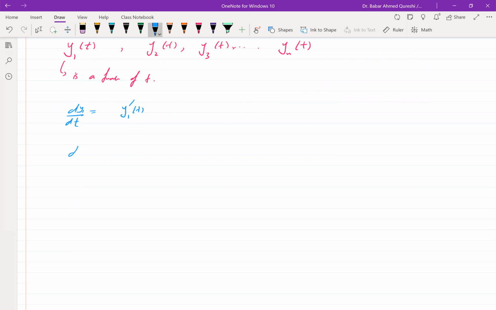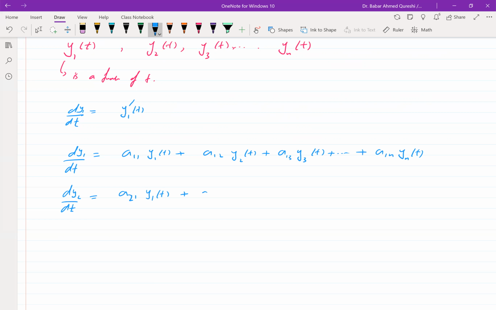So my system is a11 y1 plus and so on, and dy2 by dt is also linearly related to all these functions with some constants.